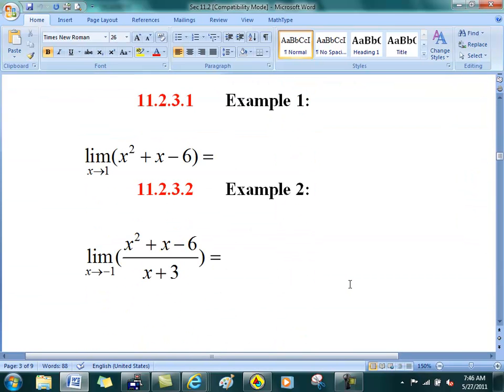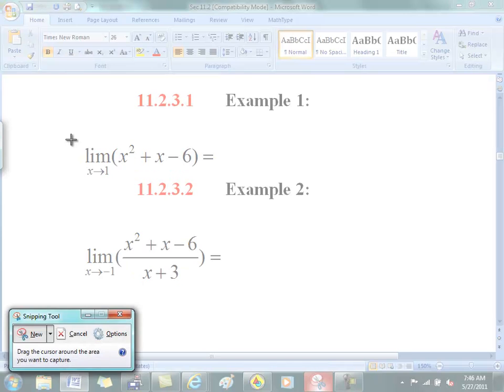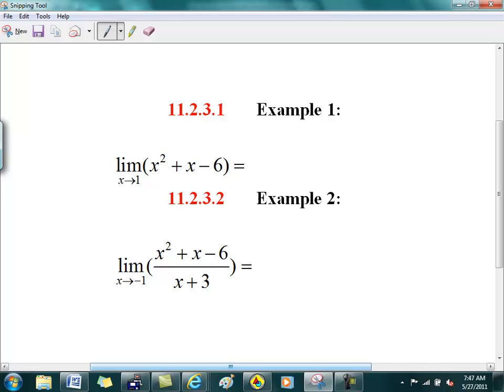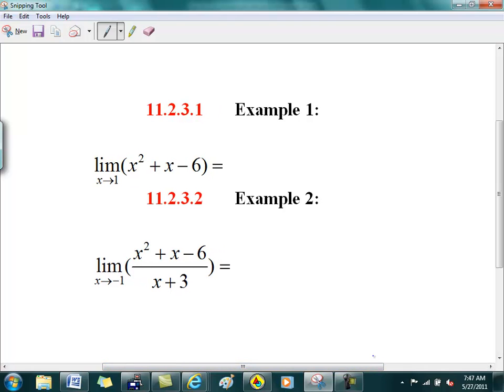Okay, go do it. Plug it in. What did you get? -4.